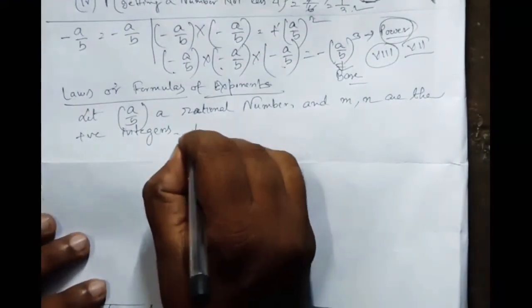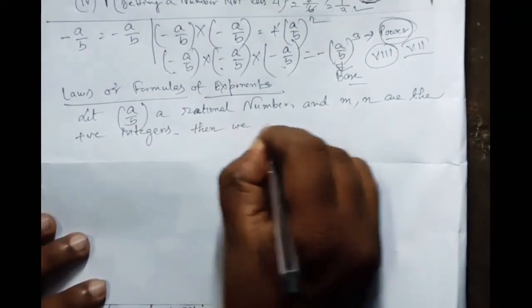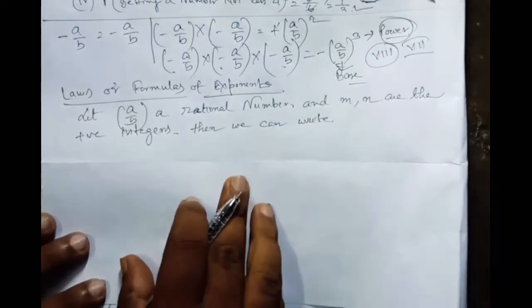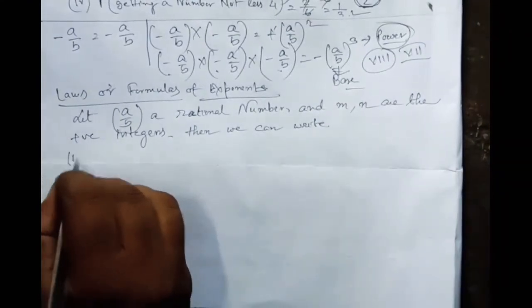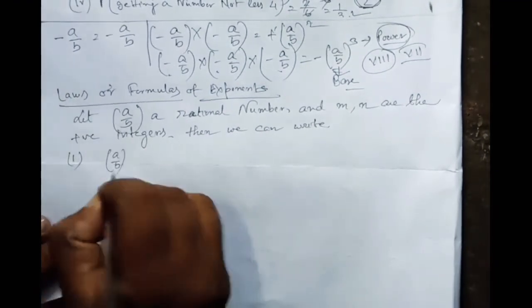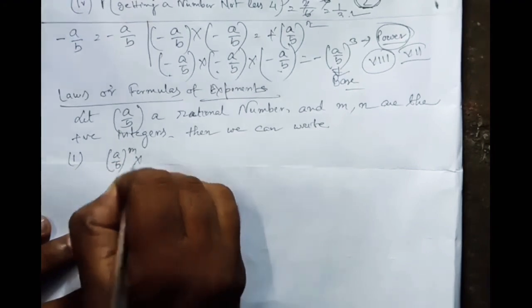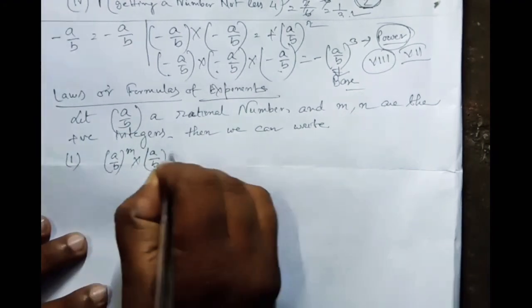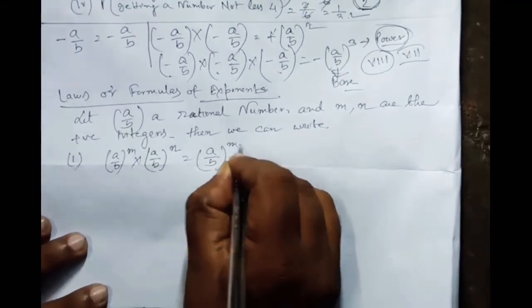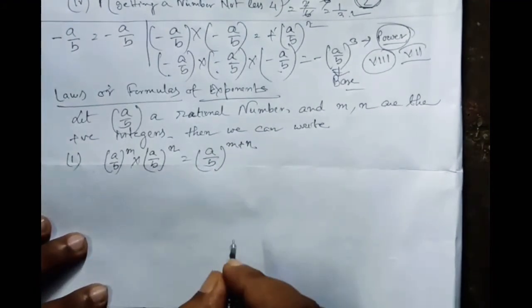Then we can write, first case: a by b whole to the power m into a by b whole to the power n is equal to a by b whole to the power m plus n.